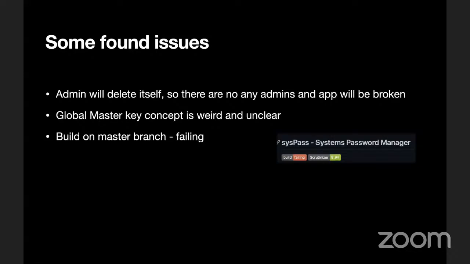You could generate some temporary master key, but we didn't manage to find this feature in the build. And actually the first thing that we also noticed is that the code built on the master branch is failing.